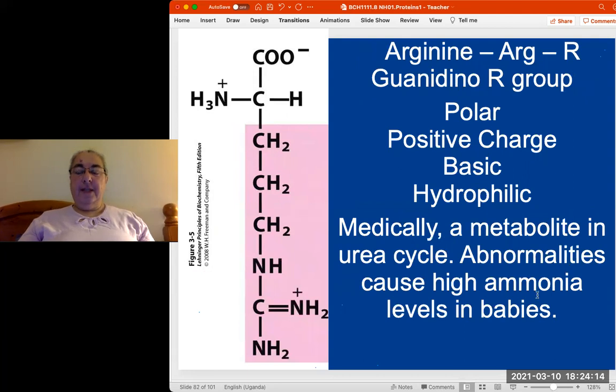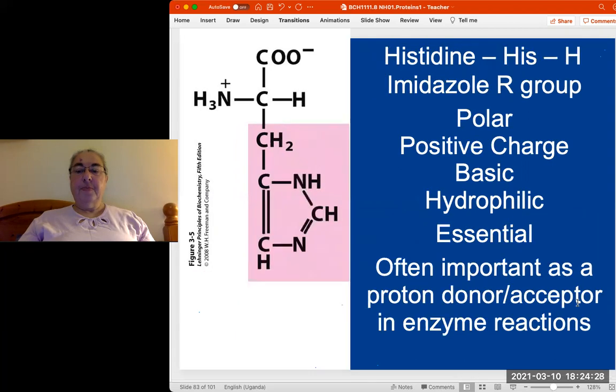Arginine is a metabolite in the urea cycle, and if that isn't working properly, ammonia can build up and cause problems in babies especially. Histidine is often found acting as a proton donor or proton acceptor at the active site of enzymes. So very important in the correct functioning of enzyme molecules.